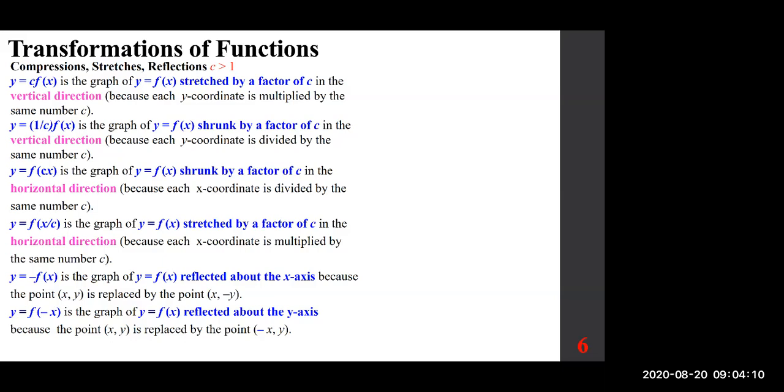If it's 1 over that, it shrinks it by that much. But what happens when you put it inside, f of c of x? It has the reverse effect along the horizontal direction. It's a shrinkage along the horizontal direction, and if it's x over c, it stretches.